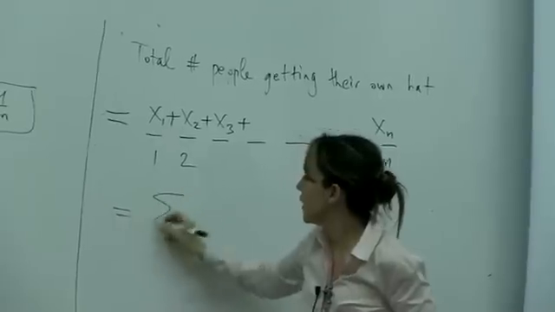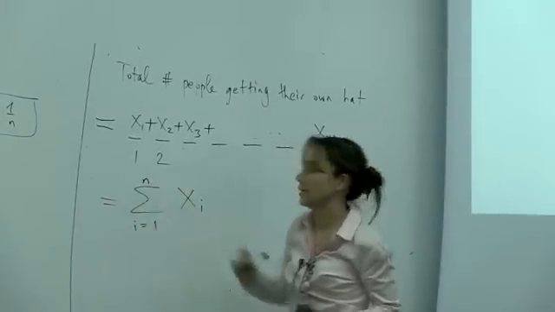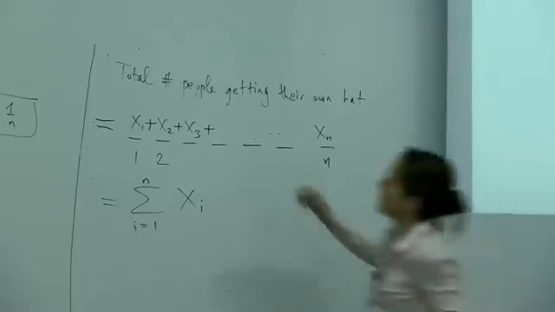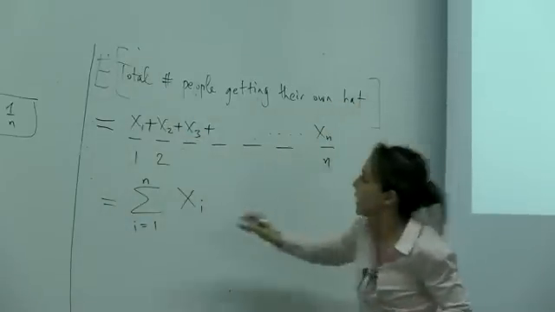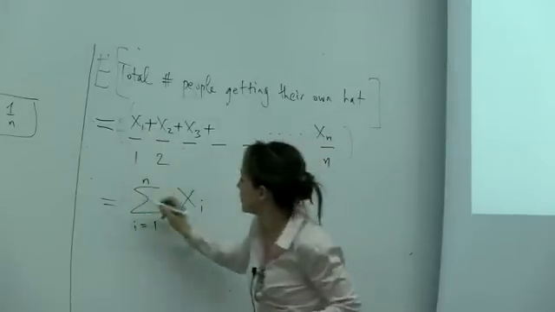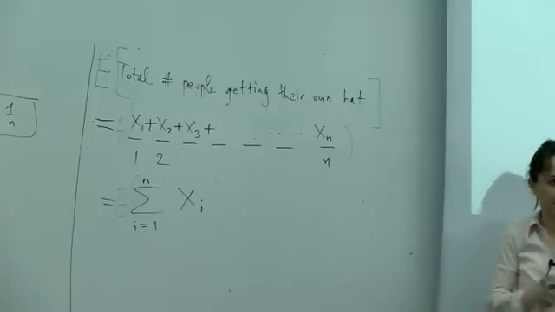So that is the sum of xi, i from 1 to n. And what do we need? We need the expectation of the total number of people getting their own hats, which is the expectation of the sum of xi's.